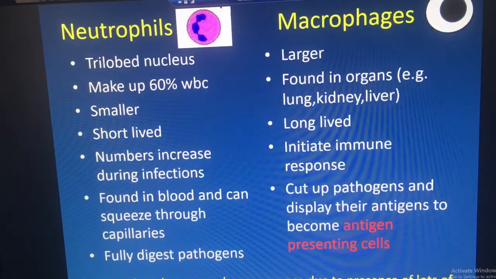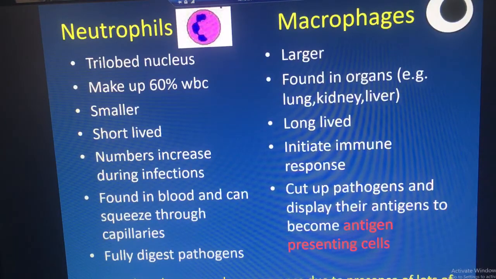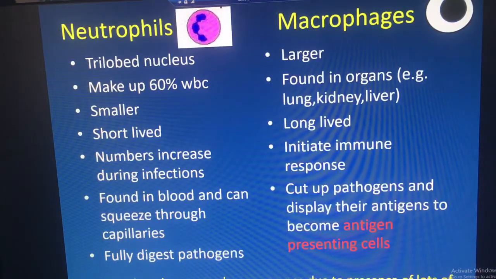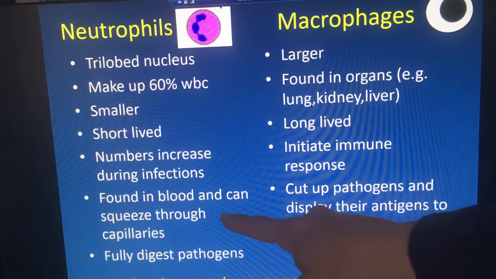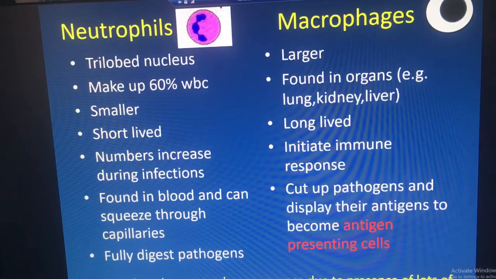And because it's the first non-specific immune response cell that's involved, they tend to be short-lived. Their numbers obviously will increase during an active infection. And when we looked at tissue fluid formation earlier on in the course, we talked about the fact that in our capillaries, we have these small pores between the cells that line the capillary wall.